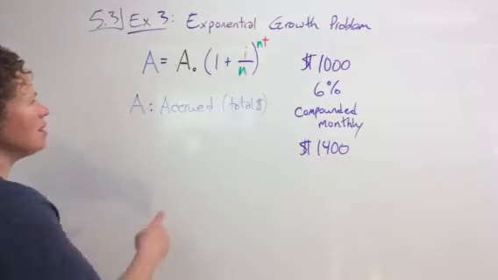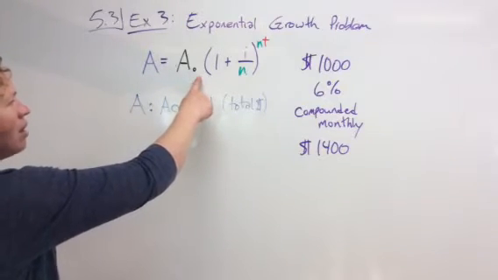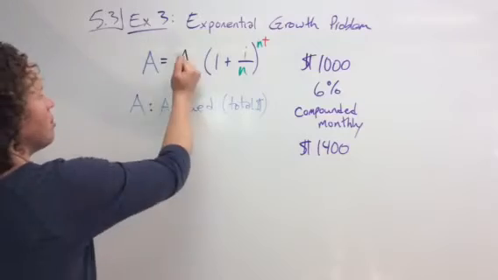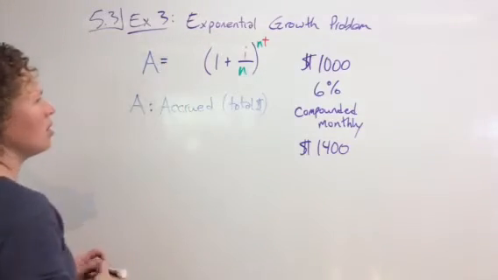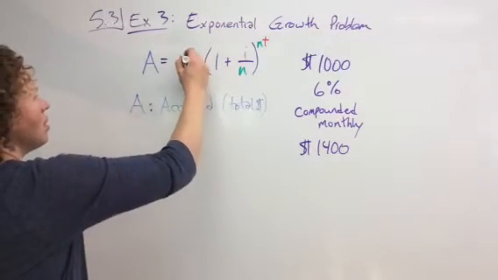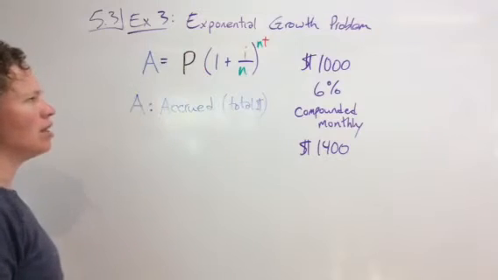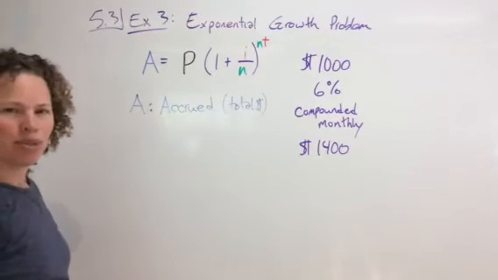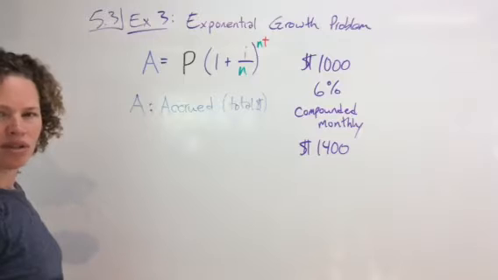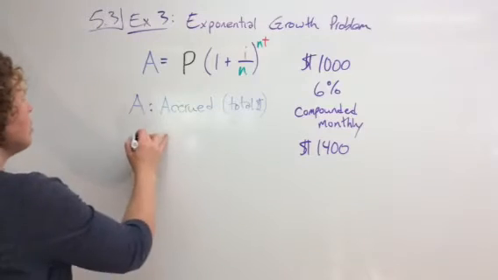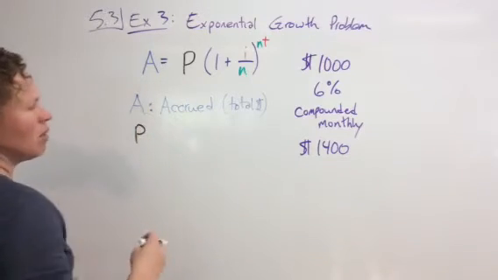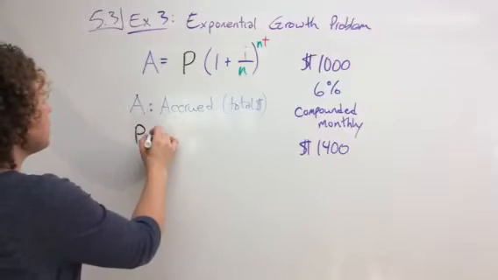I kind of hate that they use A0 here, initial. So I'm going to change it, and you can make a note or you can just deal with it the way they've got it, because that's the principal. And it makes a lot more sense to me to use a P for principal. So I'm going to use principal there, modify the equation just a tiny bit.